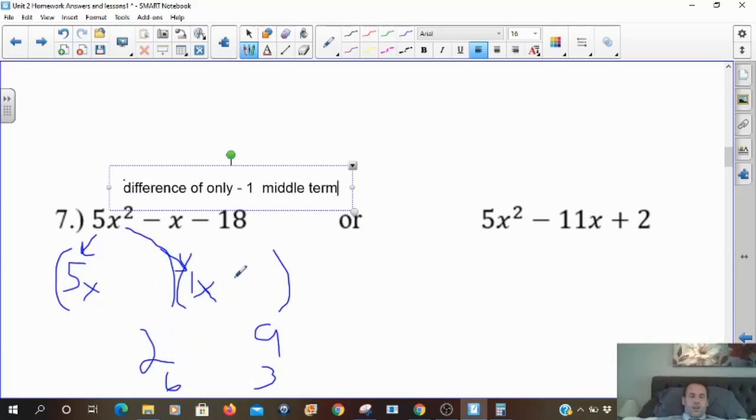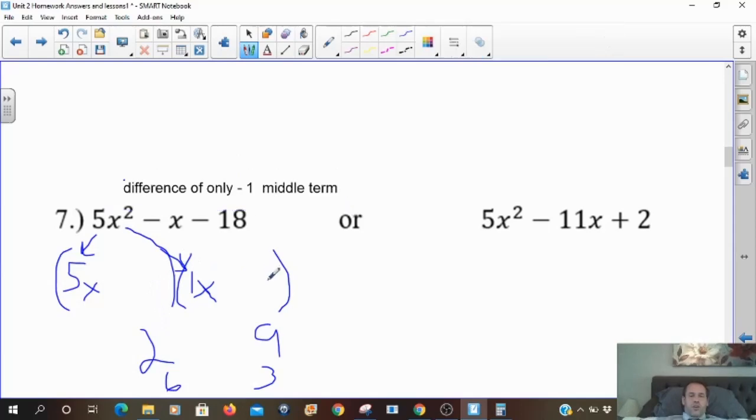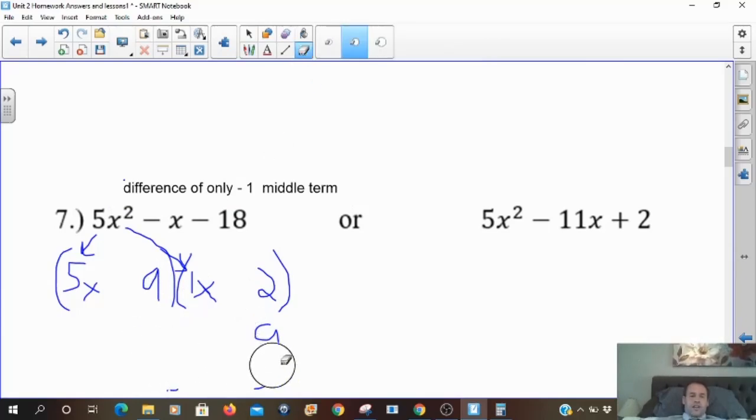Ooh, that could work. What about if I put a 2 here? Because 2 times 5 is 10. And then you have 9 times 1 is 9. And 10 minus 9 is 1.